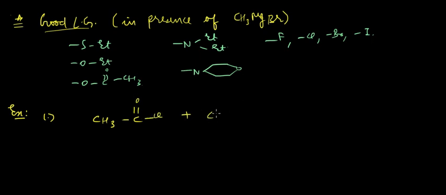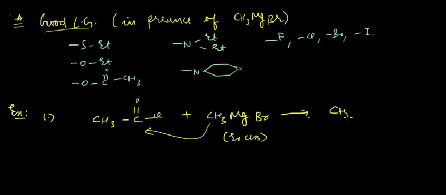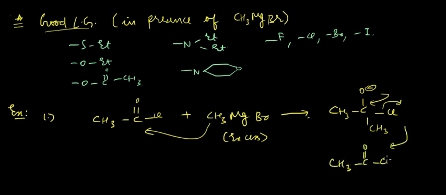This one, if it reacts with CH3-MgBr, we get this as the product, in which let's suppose this is in excess. First step would be, we have something like this. Again, this will take place and we will have a ketone group here.